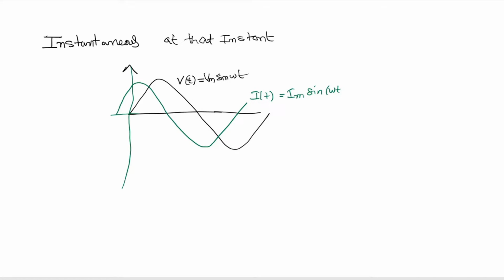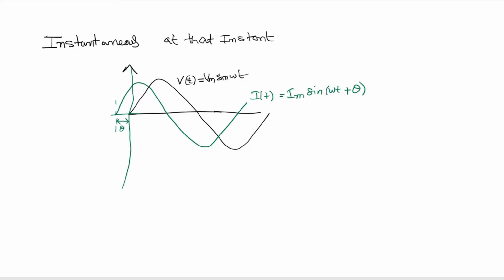Simply omega t will not help me, because with respect to voltage, there is an angle difference between these two waveforms. Let it be theta. Then I have to write omega t plus theta. So if this theta is 0, it is equal to Im sin omega t.